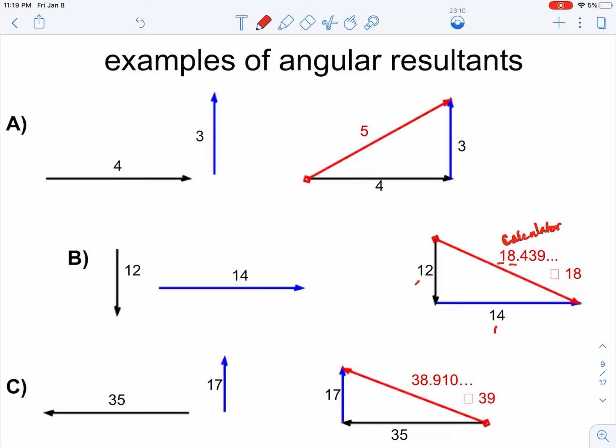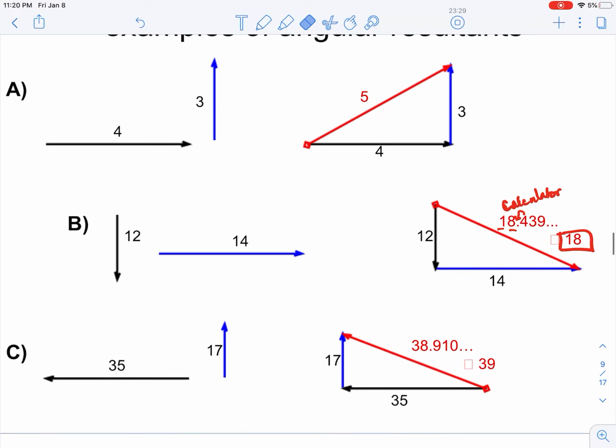So both of these have 2 sig figs, so 1, 2 sig figs. That 8 stays the same, so 18. Of course, if we were working an actual problem, we would have units with this, but 18 would be my final answer. Please remember to always round for sig figs with all of your calculations.